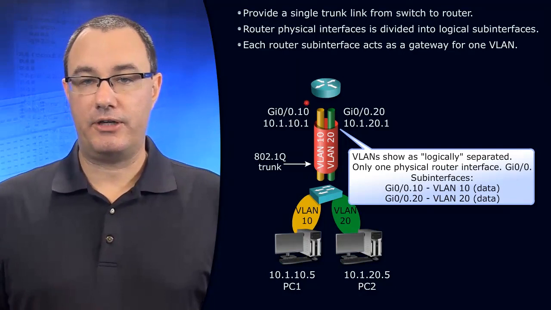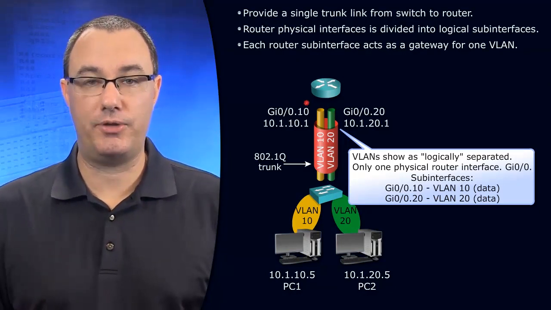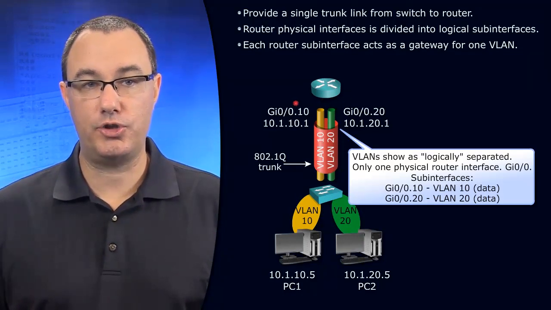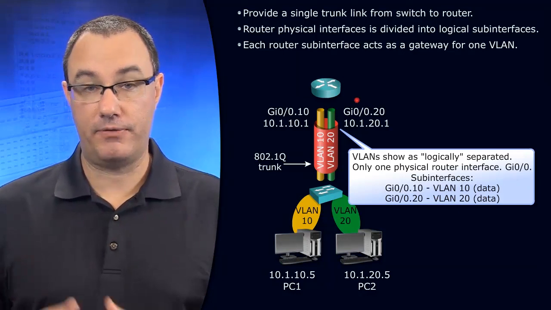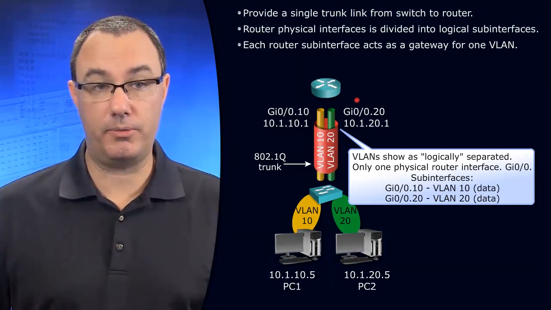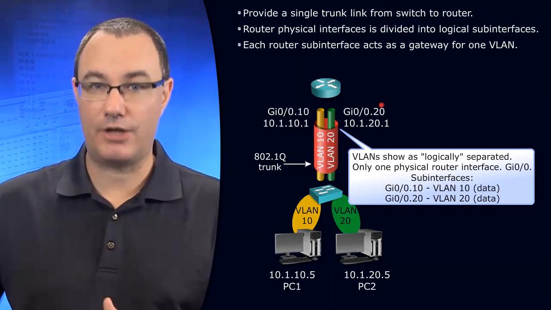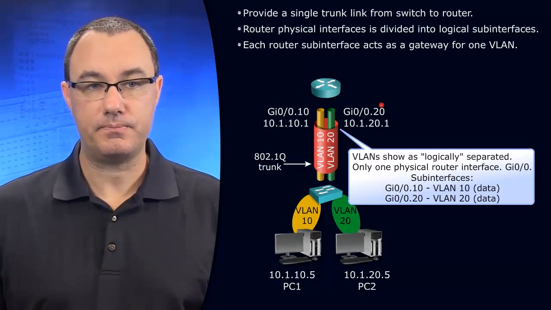Now, a sub-interface is a container for a separate configuration applied to the interface. So in fact, this interface is running two different full-blown configs. And if you need multiple, you might even have more VLANs than just two, you would add extra sub-interfaces, one for each VLAN.